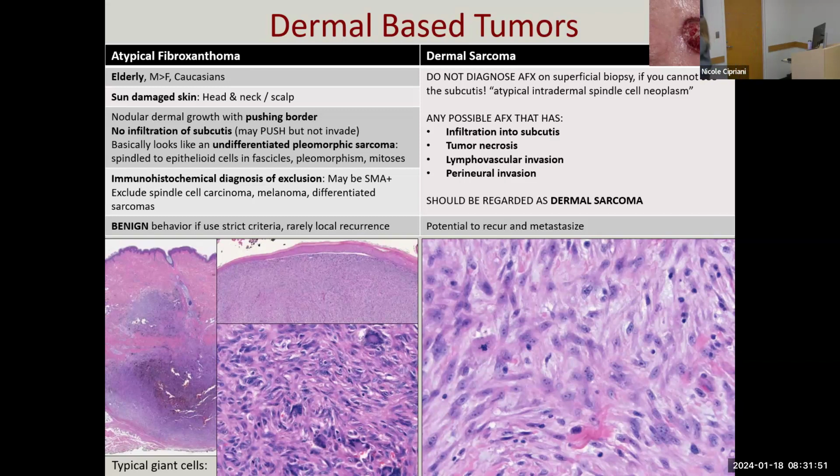If you've excluded that it's a keratin positive spindle cell carcinoma, and if it's not an S100, SOX10 positive spindle cell melanoma, right? Those are the things you have to exclude.